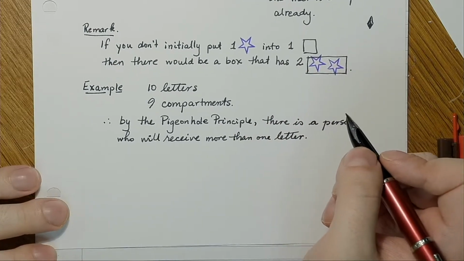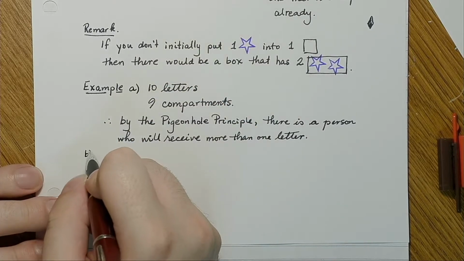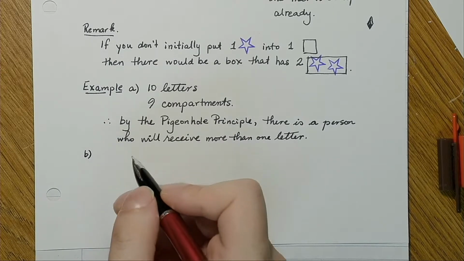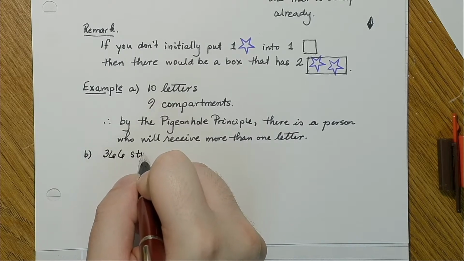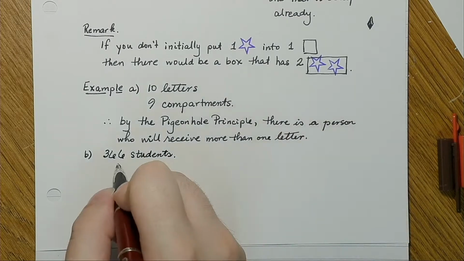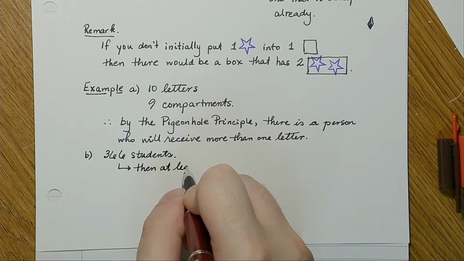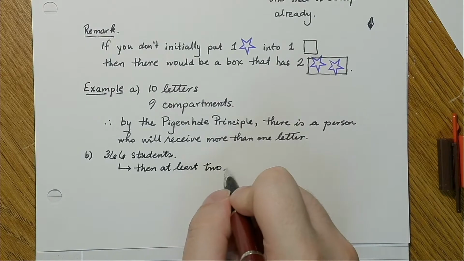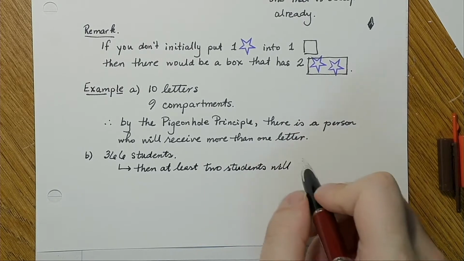What other things could we think about? Let's say this is example A. Here's another one. Let's say that you have a cohort of 366 students. Then at least 2 students will share the same birthday.